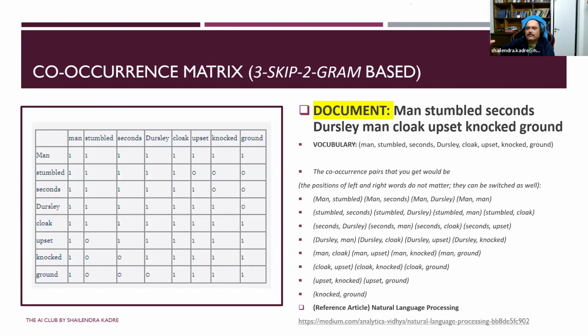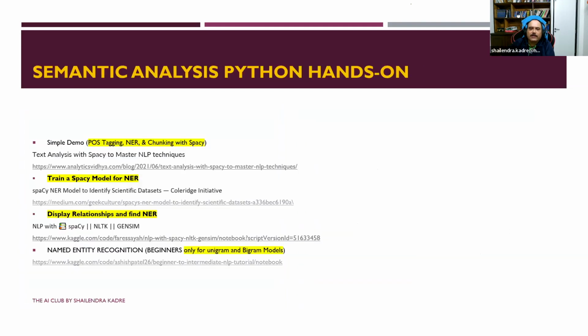That will come, keep a little patience. Is the concept understood for both the co-occurrence matrix and the skip gram based co-occurrence matrix? Yes. If you have understood that, that was the planned thing for this class. So we will get into the next class and then we will understand things.